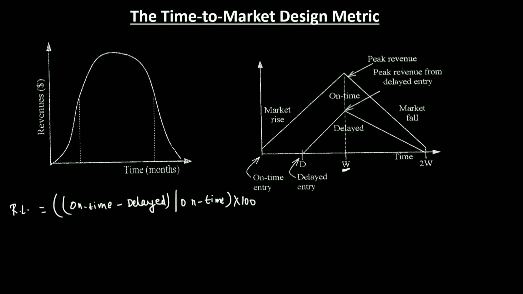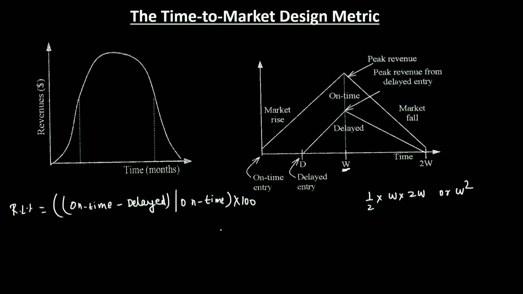For simplicity, we will assume the market rise angle is 45 degrees, meaning the height of the triangle is W and the area of on time triangle is computed as half into base into height. Here we can write half into W into 2W, or just W square.